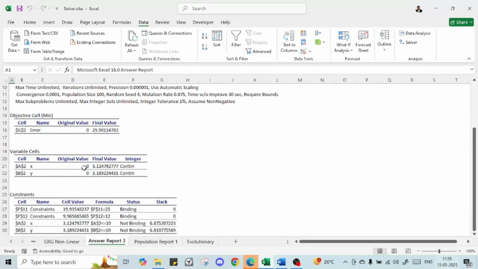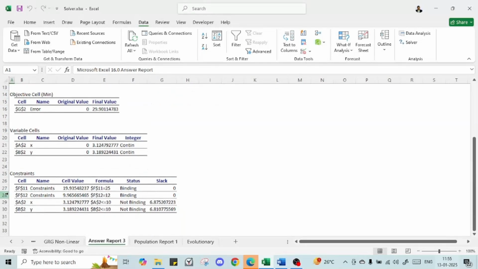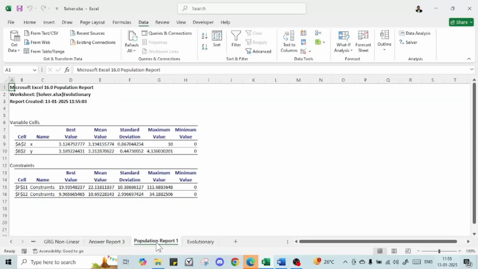Coming to the variable cells, it selected the final values as 3.124792777 and 3.189224431, and we have binding and non-binding constraints, which is also very important. Let's get to the population report, which is based on random selection of the population. It is better to understand the distribution of values of x and y and how it was checked.